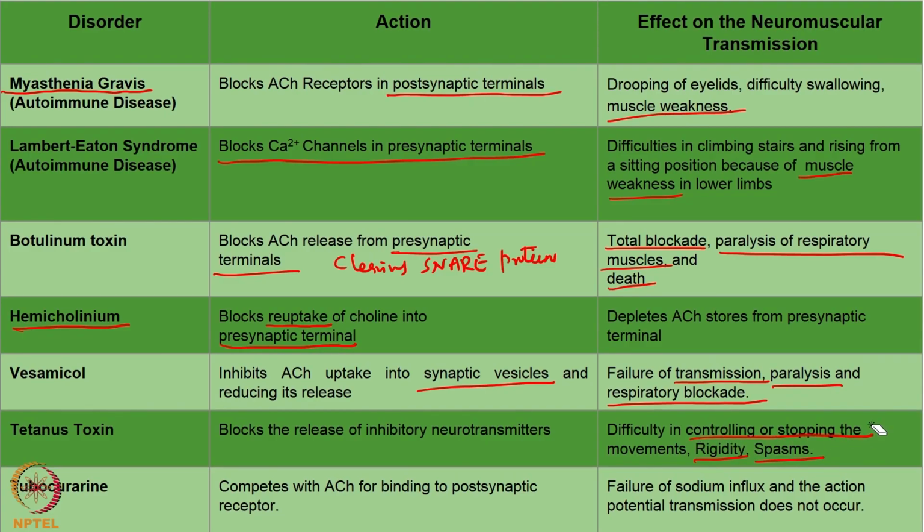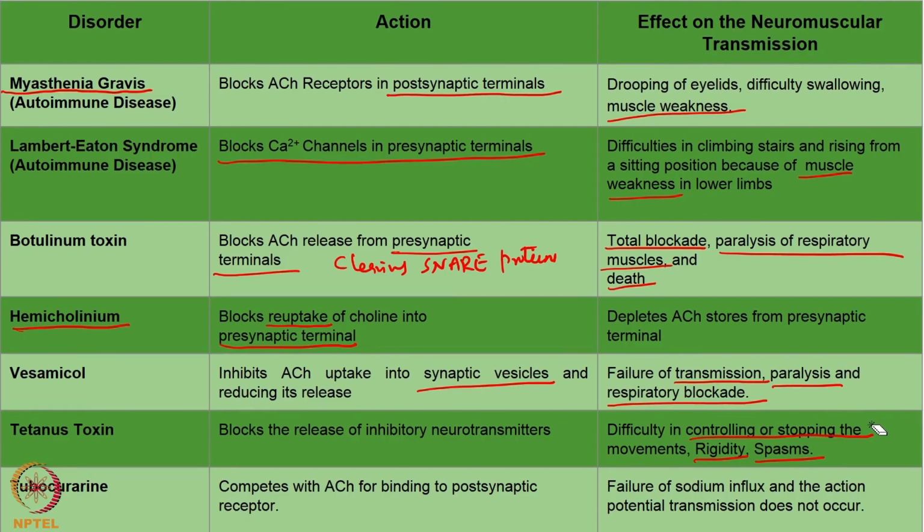Then you have curare drugs or aeropoisons such as tubocurarine chloride, which competes with acetylcholine for occupying the space allotted for acetylcholine. The nicotinic cholinergic receptor is blocked by D-tubocurarine chloride, an aeropoison, thus preventing acetylcholine from binding.